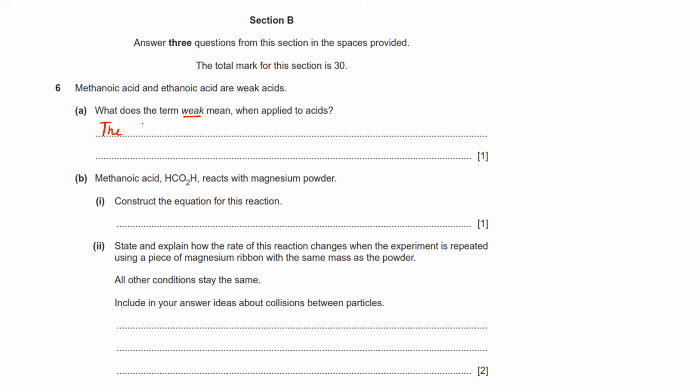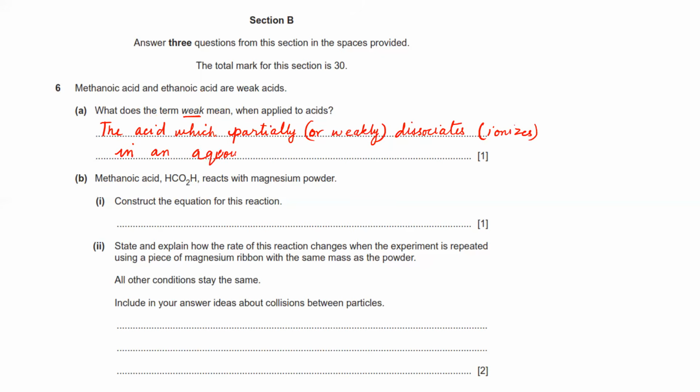So just simply, the acid which partially or weakly dissociates or ionizes in a solution is called a weak acid.